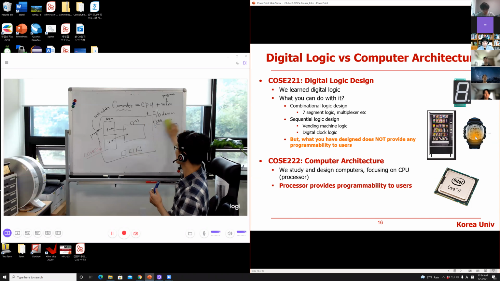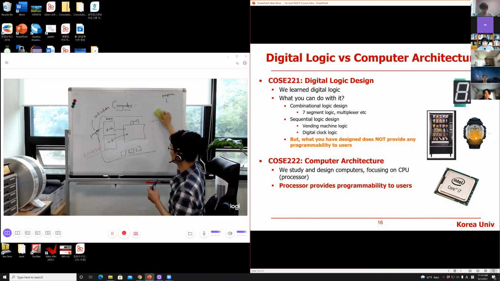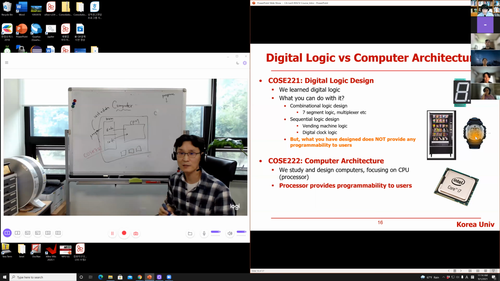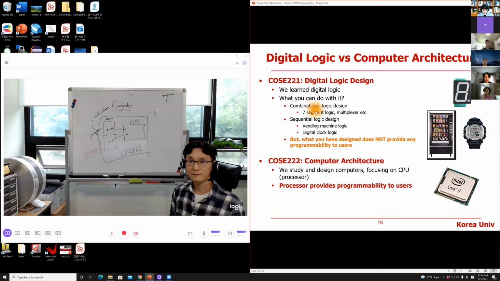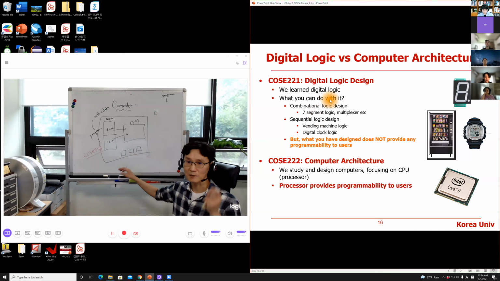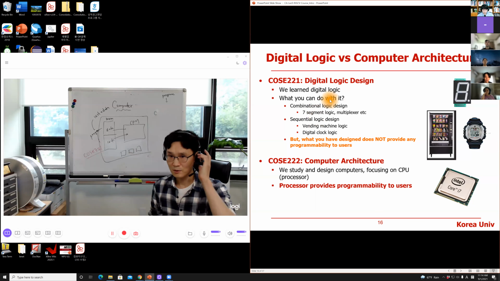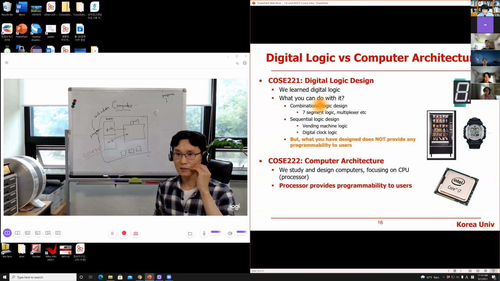You studied combinational logic and sequential logic. That is the basic principle. Based on these two, you can design anything you want, such as the digital logic inside a vending machine or digital watch.